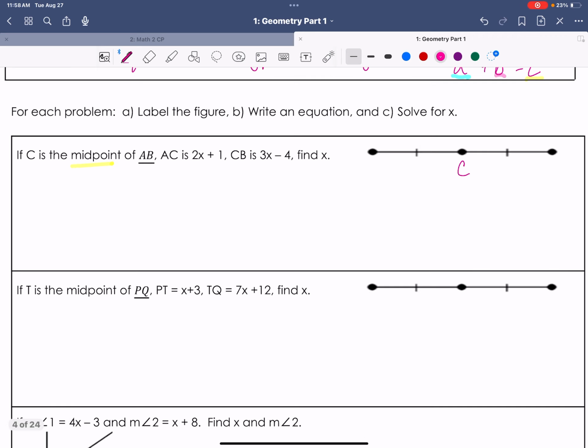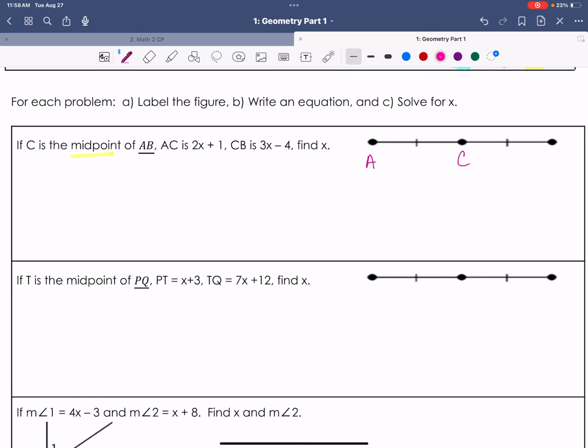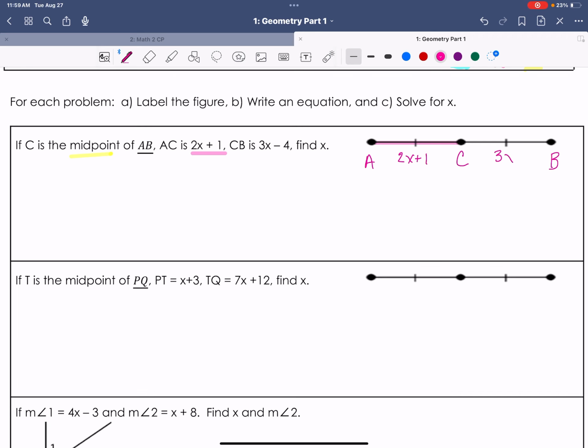And AC, so AC would be here, is 2x plus 1. So that is this line segment right here. And CB, so if this is C, B has to be over here, is 3x minus 4. And that is this line segment right here. We're going to find x.